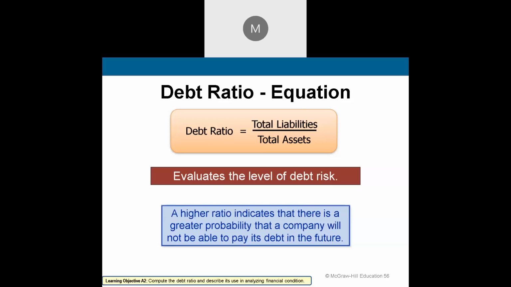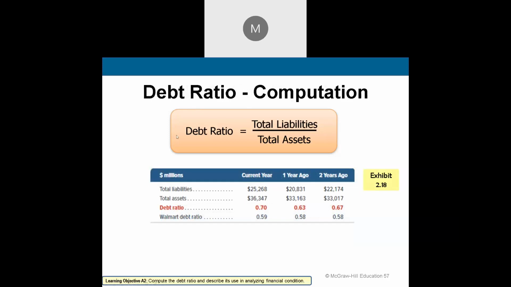They take your total liabilities divided by your total assets to get your debt ratio. It tells me what the risk is of you being able to pay it back in the future. Banks use this on all of us all the time before making a decision to give you a loan or not. It's a good one to know, right? And for a business, you can take the total liabilities divided by total assets, and look at it from year to year and identify trends and changes.